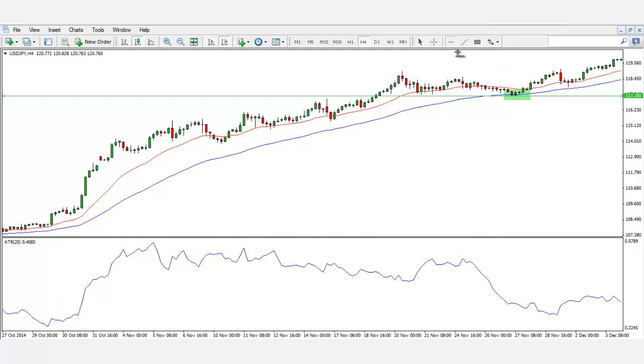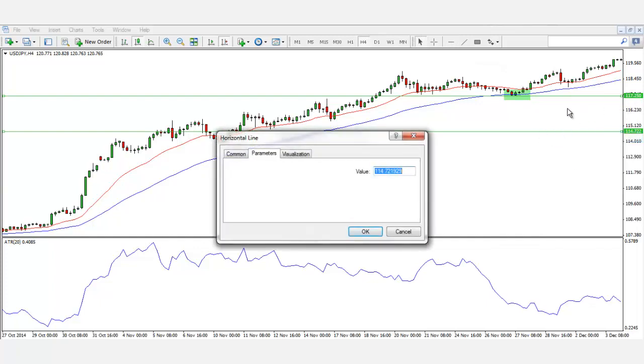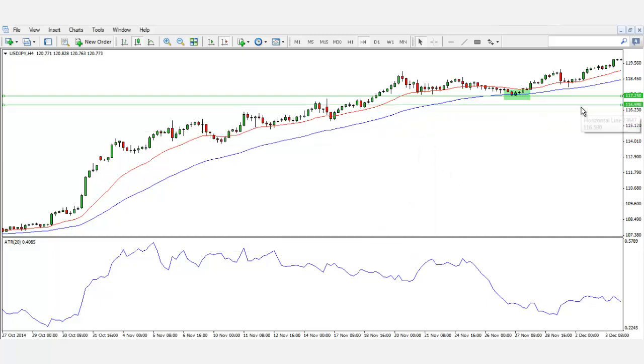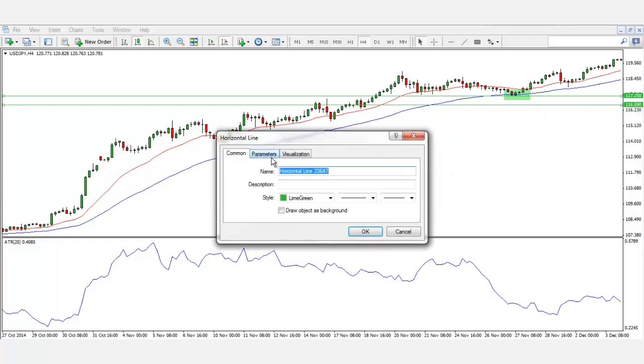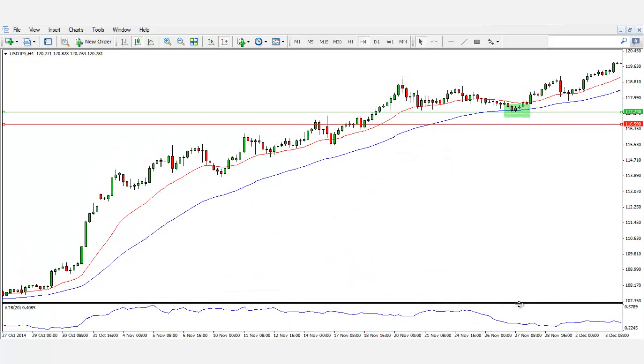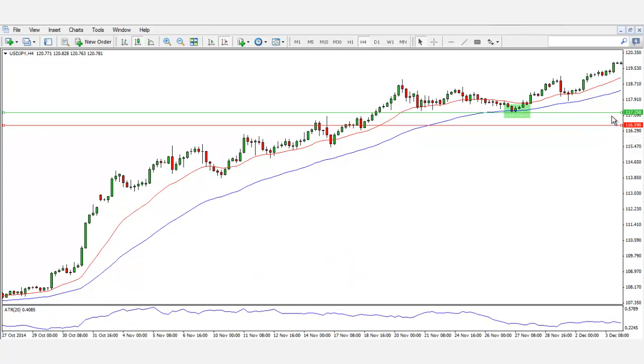My entry is 117.25, and minus 66 pips gives me 116.59. I'll set it in red for easier illustration, and there you have it. You can now see that 117.25 is my entry and my stop loss will be at 116.59, and that's how I go about using ATR for this setup.